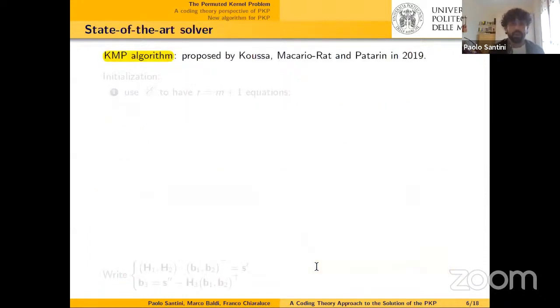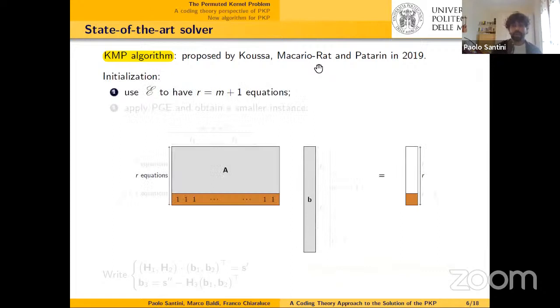As I have already told you, the state-of-the-art algorithm to solve the PKP was proposed 3 years ago by Koussa, Macario-Rat, and Patarin, and I will refer to this algorithm as the KMP because KMP is the acronym of the authors' initials. The algorithm starts by transforming a given PKP instance into the non-homogeneous version.